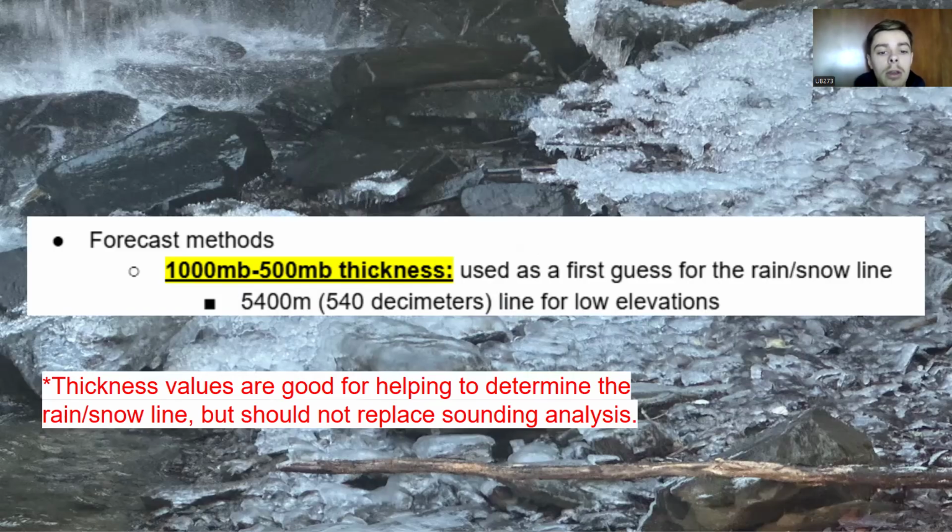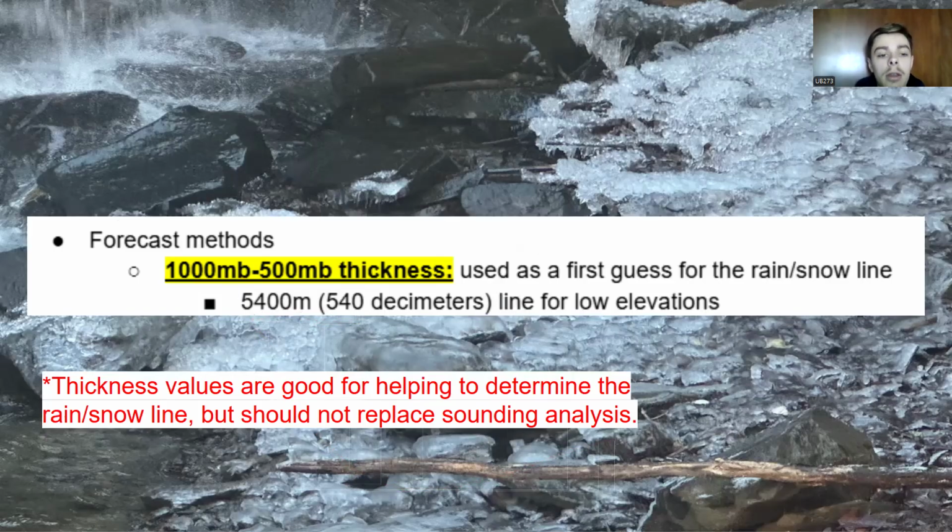You can represent thickness in terms of the pressure levels and meters, but one important thing is if you hear the 540 line, that would be 540 decameters or 5,400 meters. That's going to help you know where the rain-snow line is on a map.